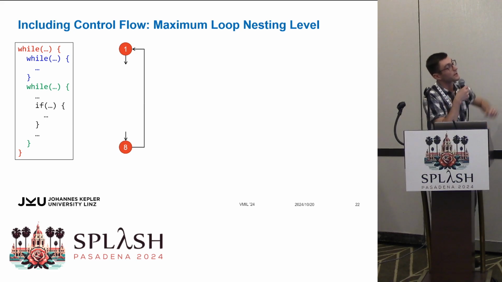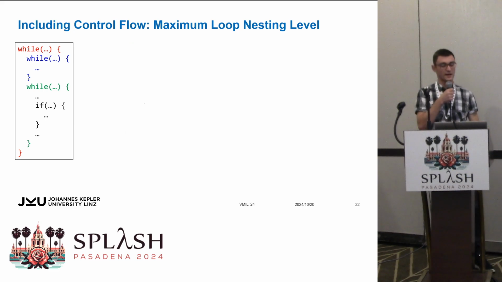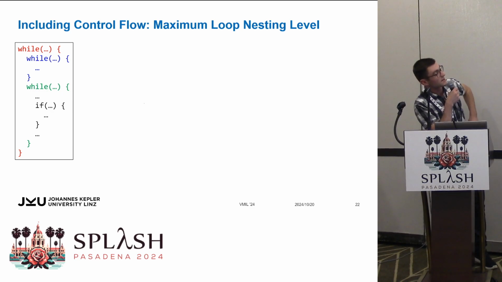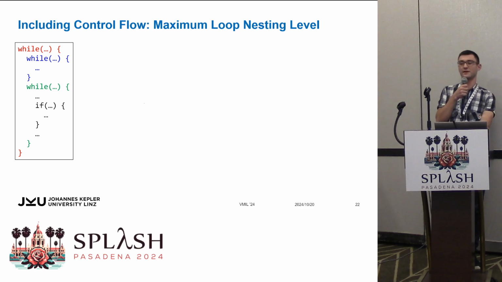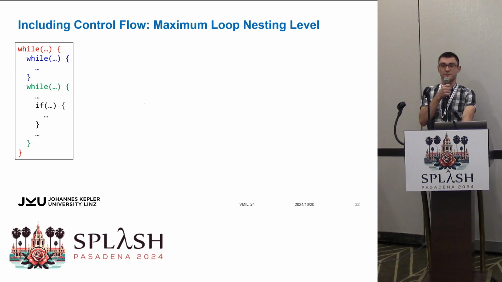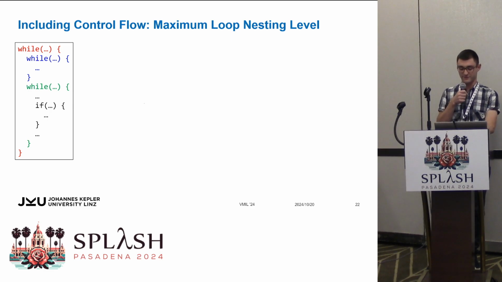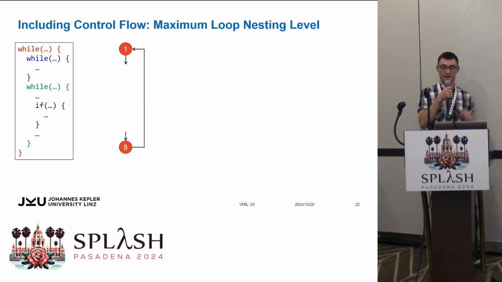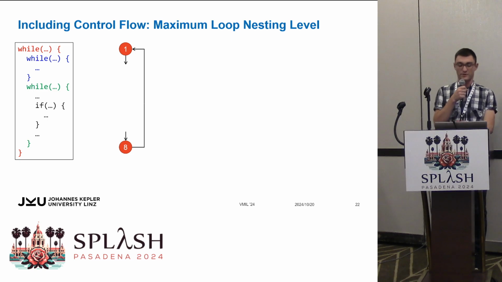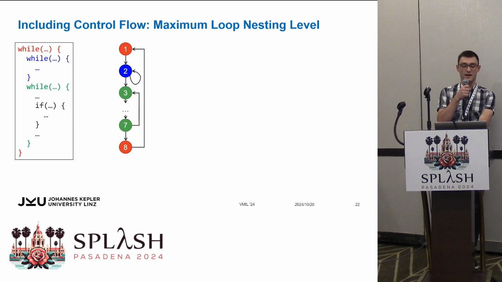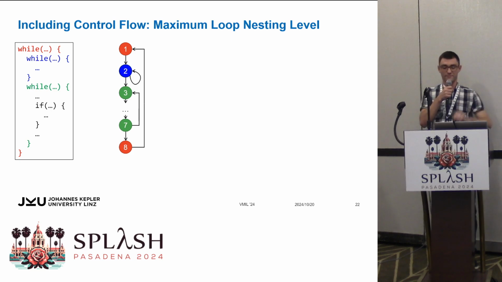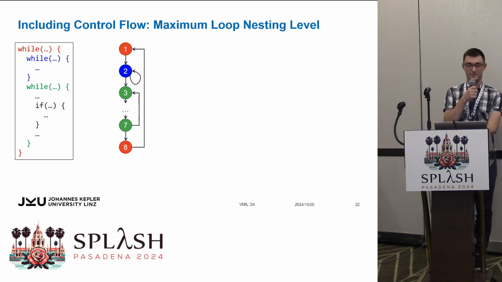So in this example, we have the code on the left side, which actually contains 3 loops and 1 branch, but now we only care about the maximum loop level. LLVM is structured as a control flow graph, so we have basic blocks, and we just count back edges. So for the while loop, the graph looks as follows. For the outer one, we have a while loop in between, which is just 1 basic block, and then we have other basic blocks, which also describe the green while function here in the middle.